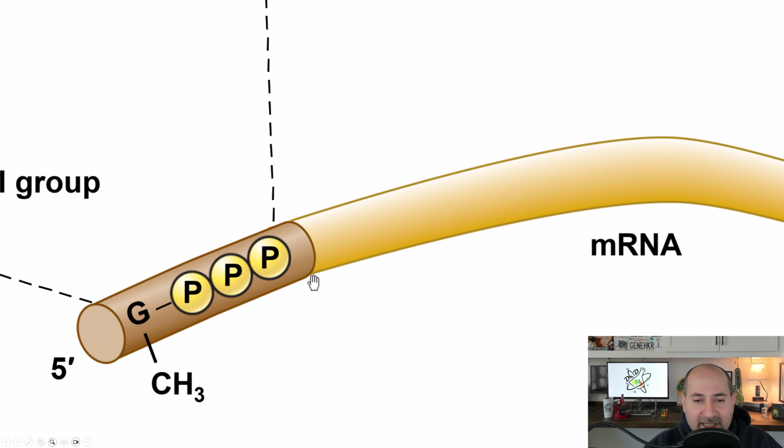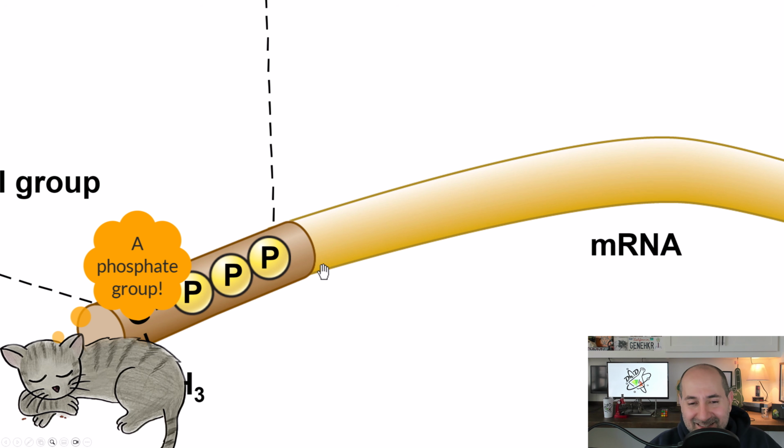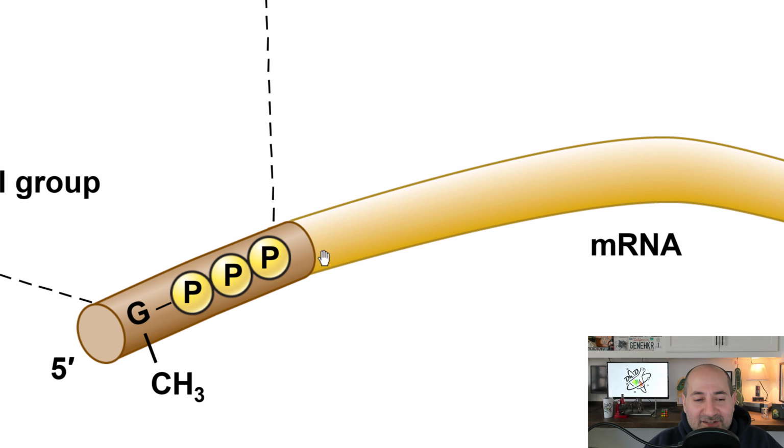What's normally at the 5' end of mRNA? What's normally at the 5' end of a strand of nucleic acid? That's right, there's usually a phosphate group at the 5' end of a strand of DNA or RNA. So there should be a phosphate group here.